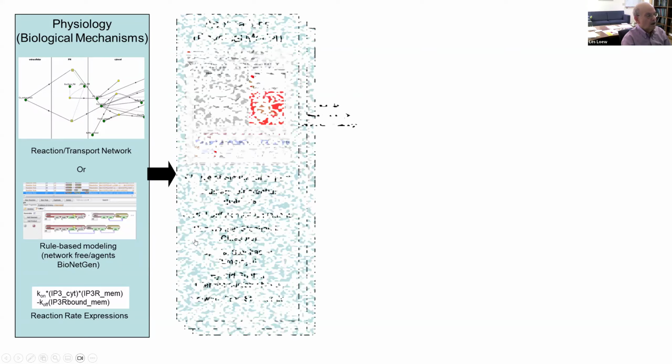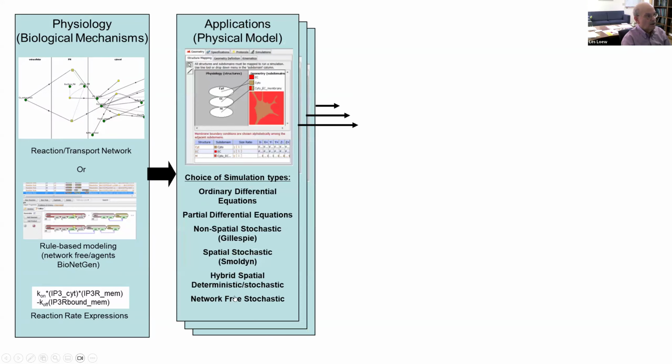Once you have the reactions and the rate expressions, and the identity of the different compartments and membranes associated with the system that you're interested in, then you can model those in lots of different ways.